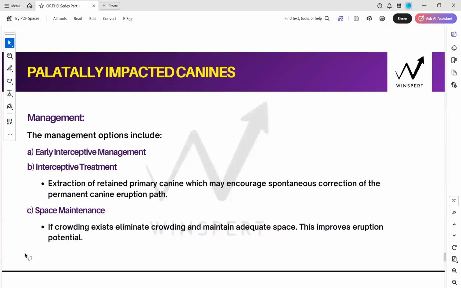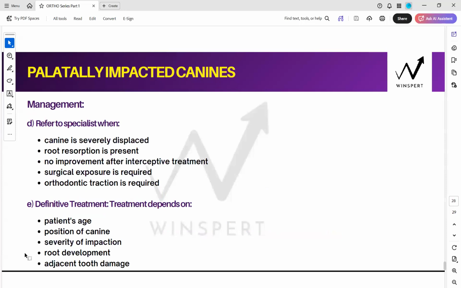But that can be done before the normal eruptive time, with early diagnosis, right? Before the ideal eruptive time. With your regular dental appointments, if you were taking baseline OPGs and you're finding them, then it can be done, right? So 10 to 13 is the age of early interceptive treatment.